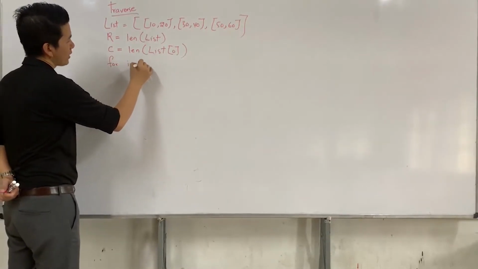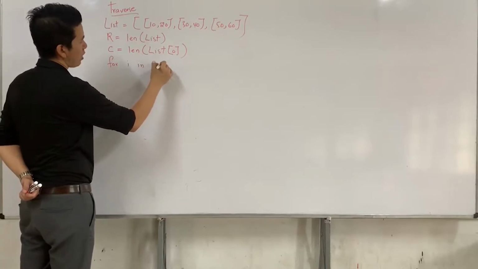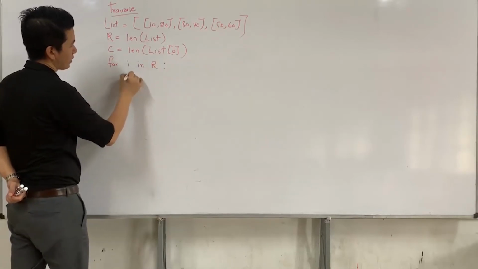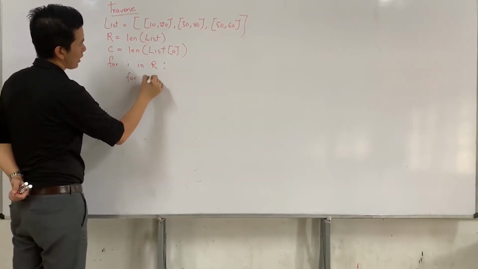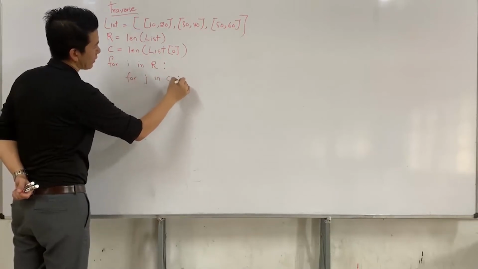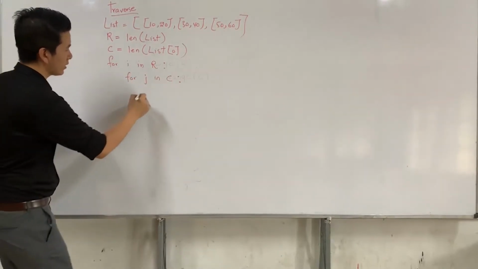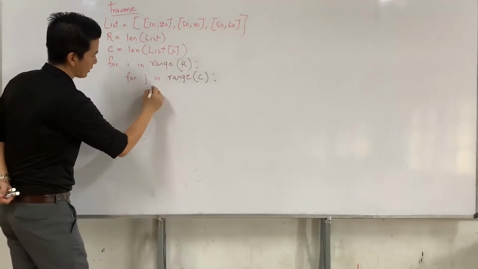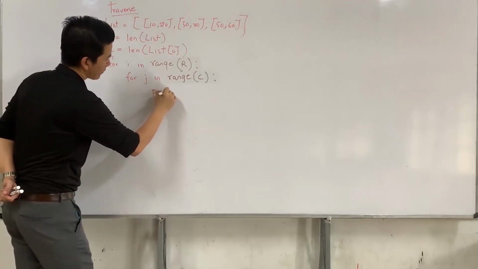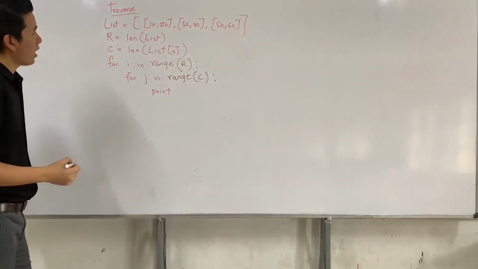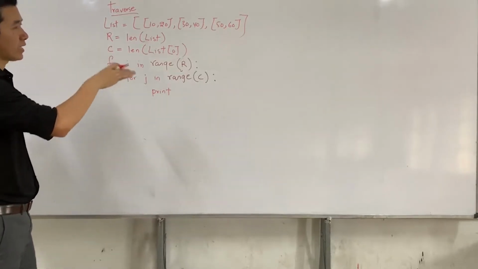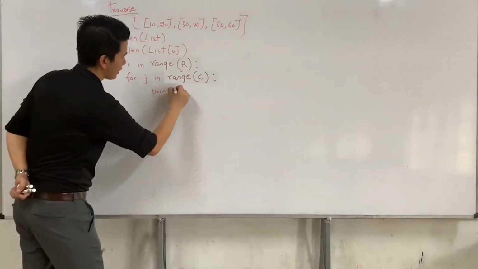For I in R, okay, and then for J in C, and then you would like to print the individual elements, right? Print, okay, and then how do you access the individual elements? It's pretty simple.